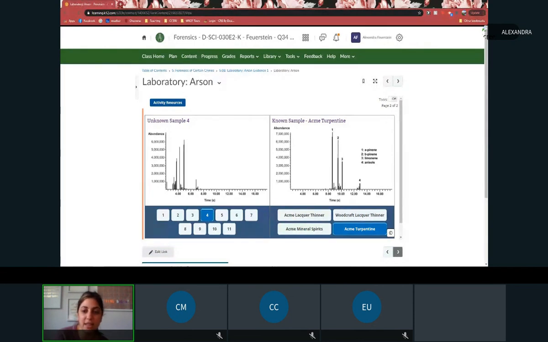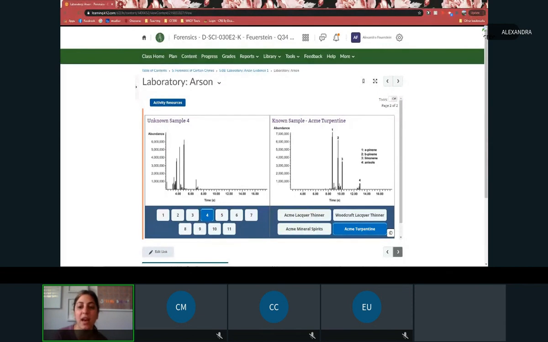I'm loving it. You guys are getting that info out. Great. Caroline's got 9 is the floor debris, and 10 has the James Brown hand, has the Acme lacquer thinner, and Robert Brown's had the Acme turpentine. Good. So we should have all of our info now. We're just waiting on 8.